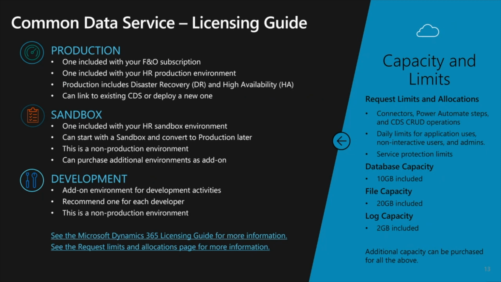If you have a HR subscription, you'll also receive one CDS environment that's intended to be used for production. And as we mentioned with the finance and operations environments, these production instances are architected incorporating disaster recovery capabilities across different Azure geographic regions and including high availability capabilities.